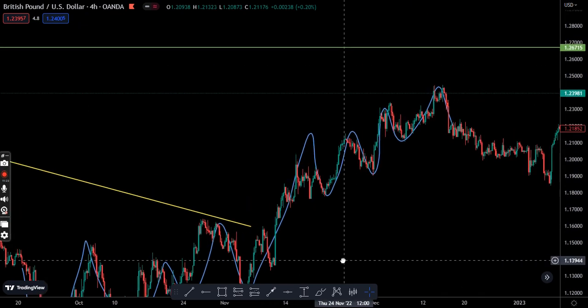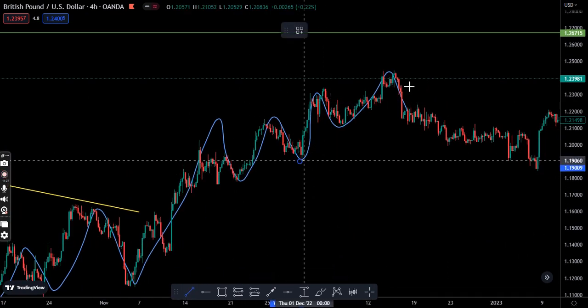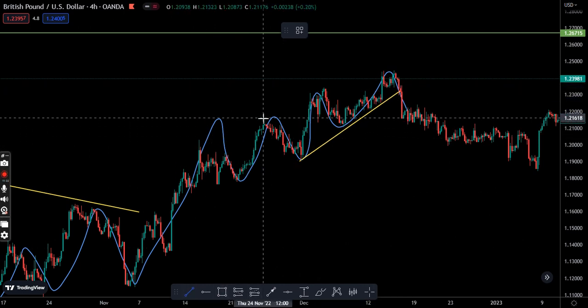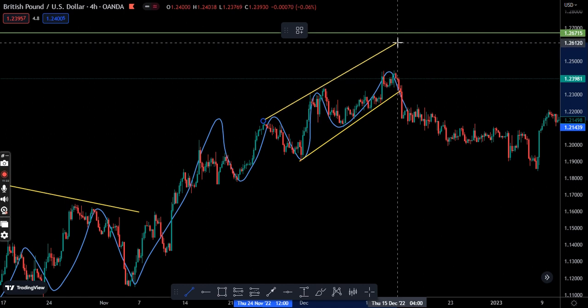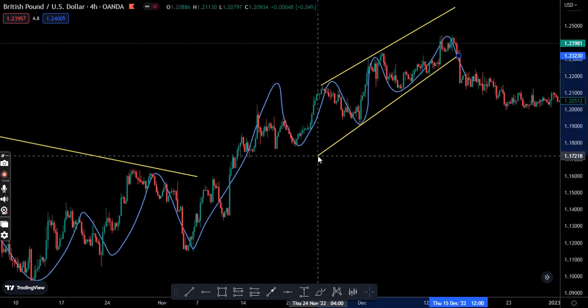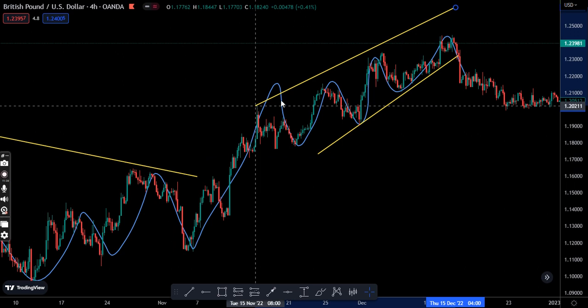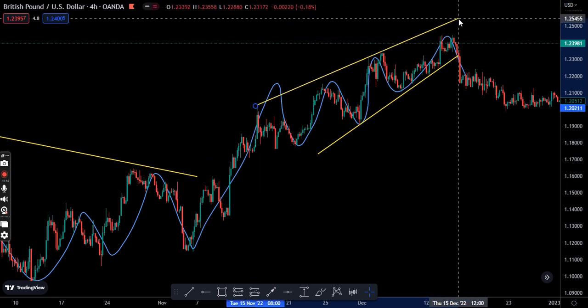We have to find out with the trend lines. All right, connecting the trend lines. This is the rising channel. It is the whole source of this.